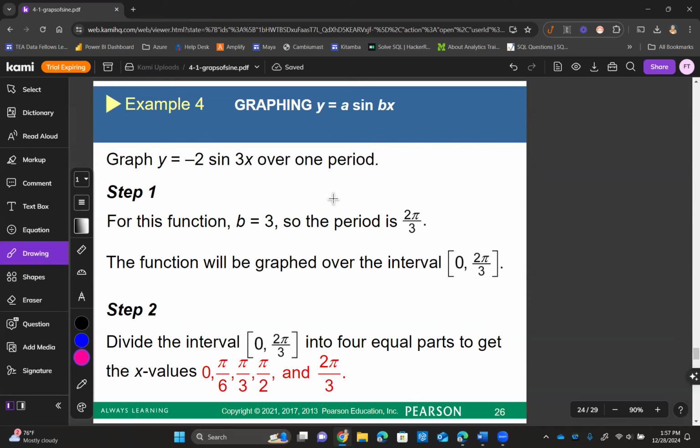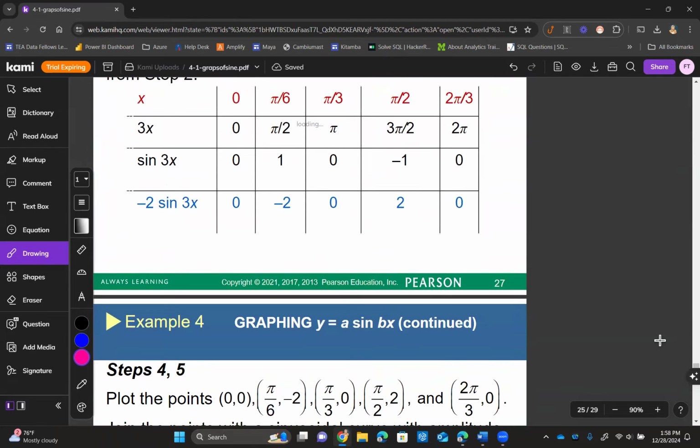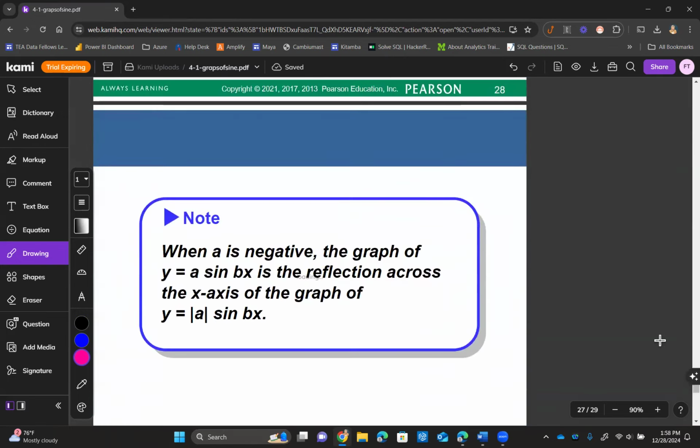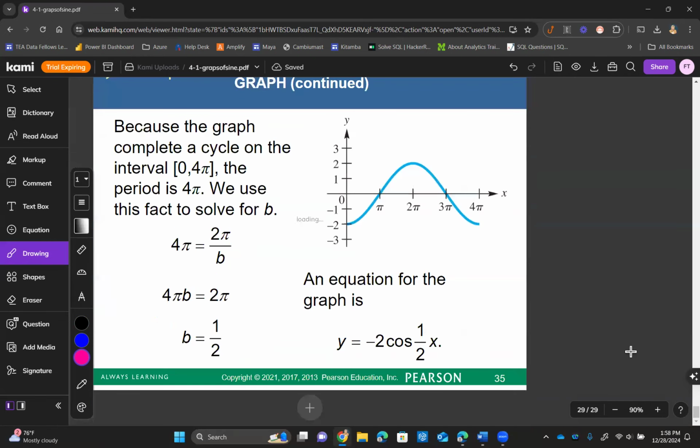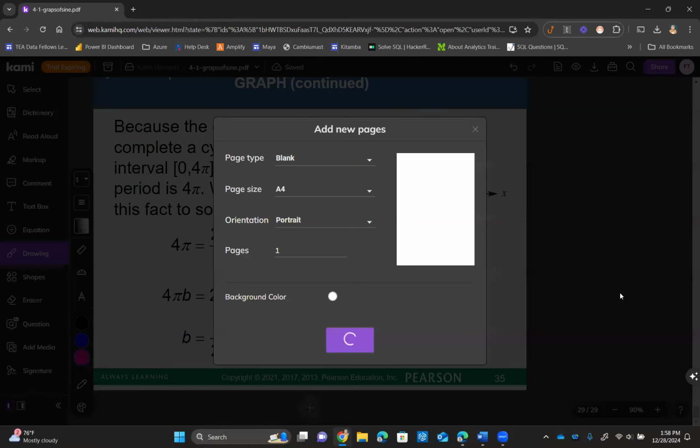The last example we're going to look at is how would you graph y equals -2 sine of 3x over 1 period interval? I think instead of using the book way here, I can add a page and copy the question here.